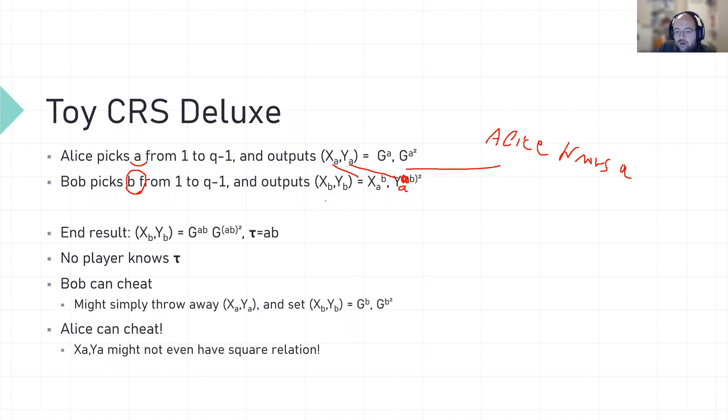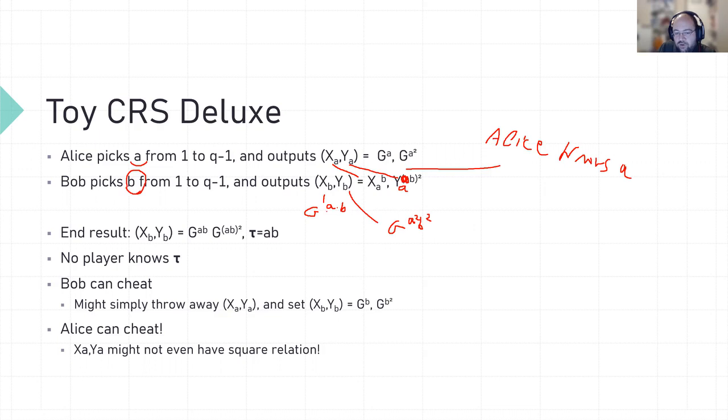So what happens now is that the reference string still has the structure we require, because working out the math, we have that this is g to the a times b, and this is g to the a squared times b squared. So this looks like a valid reference string.